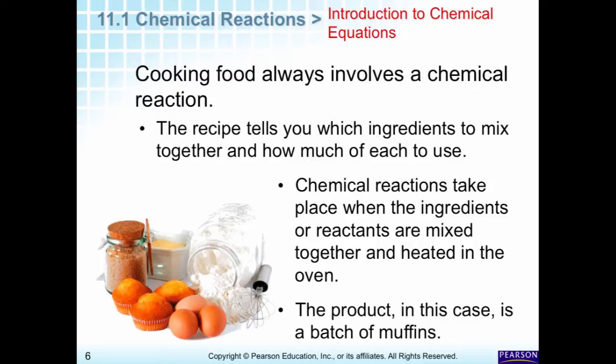Cooking is always a chemical reaction. If you think of using a recipe, you have certain amounts of ingredients that you mix together and you create the food that you want. Chemical reactions are like that. You start with ingredients, which we call reactants.